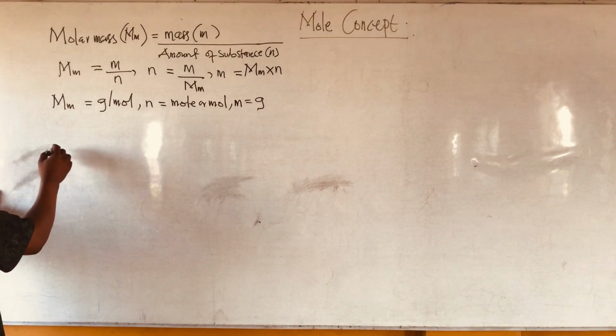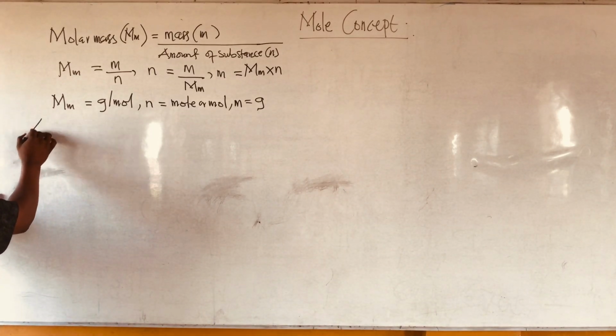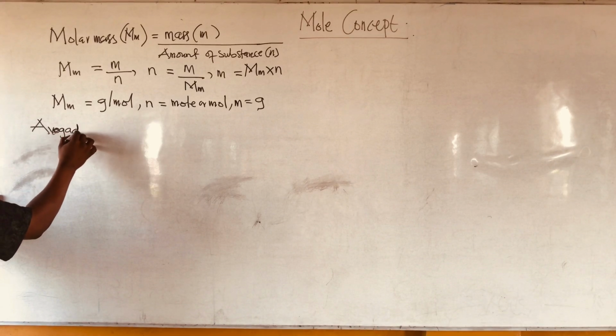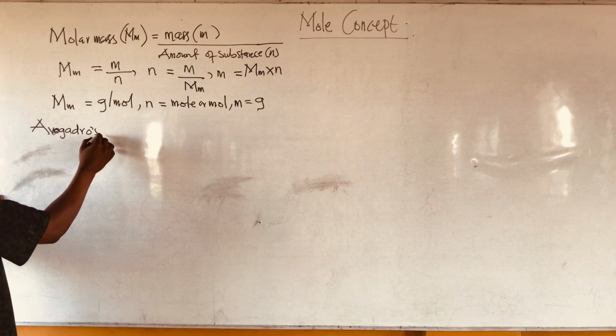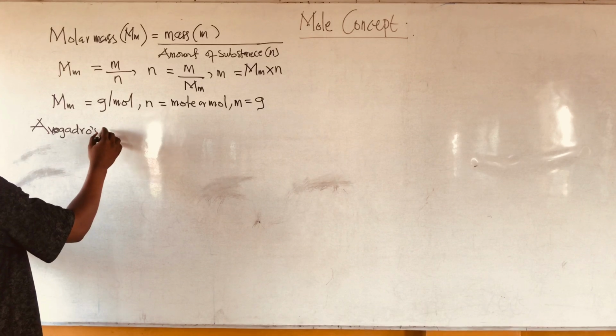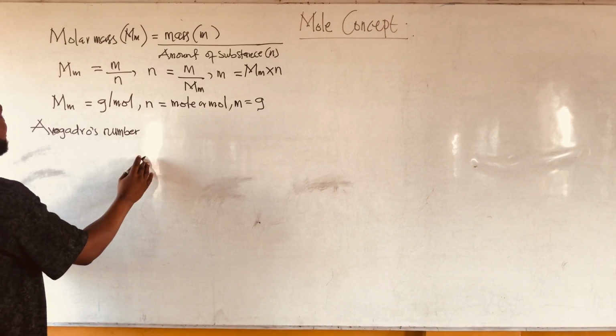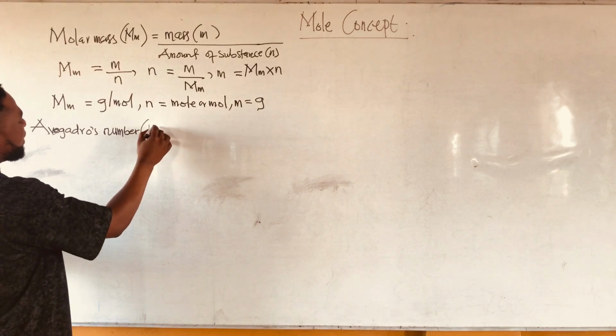Let us also look at Avogadro's number, or Avogadro's constant. Avogadro's constant is the number of particles present in 1 mole of any substance.